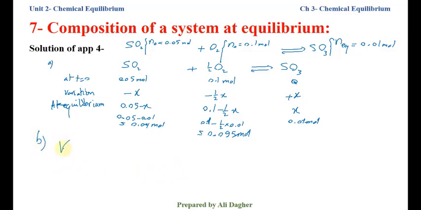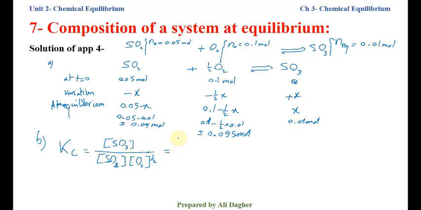B, Kc. Kc equals the concentration of product SO3 over the concentration of reactant SO2 times the concentration of O2, each one raised to the power of its stoichiometric coefficient: SO3 1, SO2 1, O2 half. But the composition is in mole, and in the expression of Kc it should be in concentration, mole per liter.